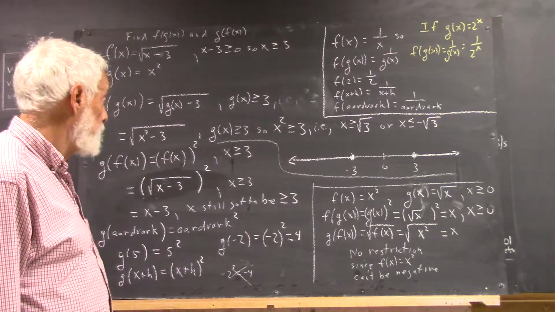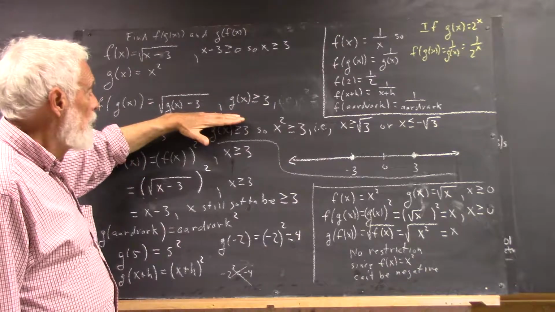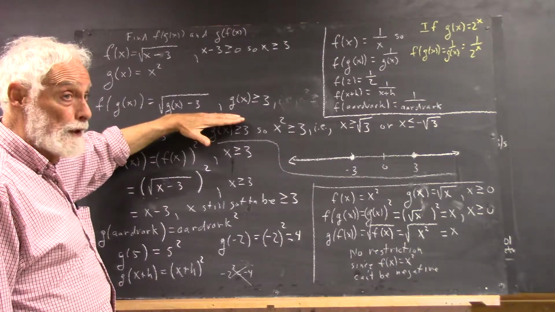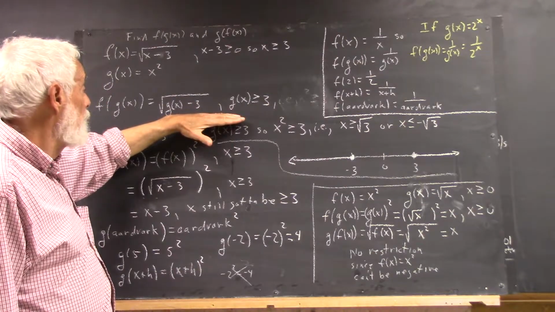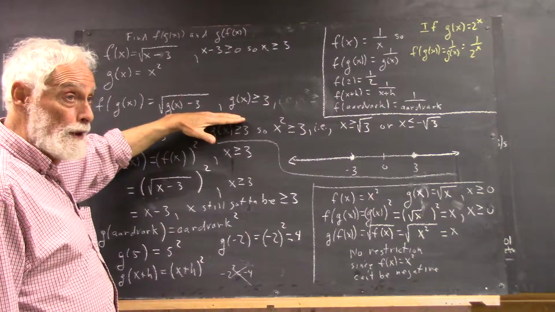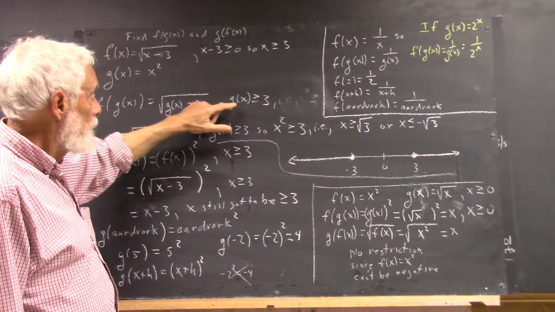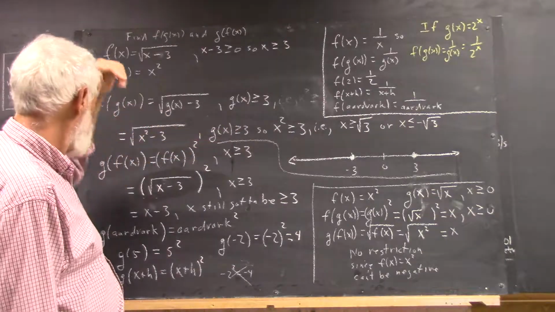So now, at this stage, we can write this without knowing what g of x is. We know from the fact that you can only put numbers greater than or equal to 3 in for f of x, that the only values of g of x that can be put in there are the ones that are greater than or equal to 3.